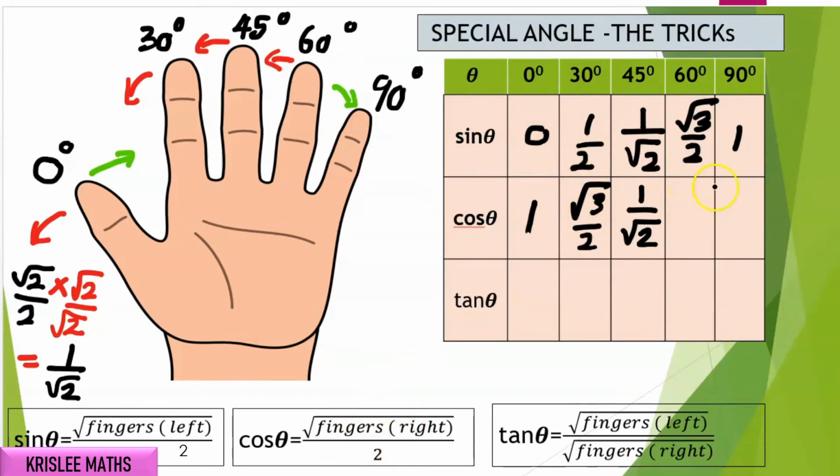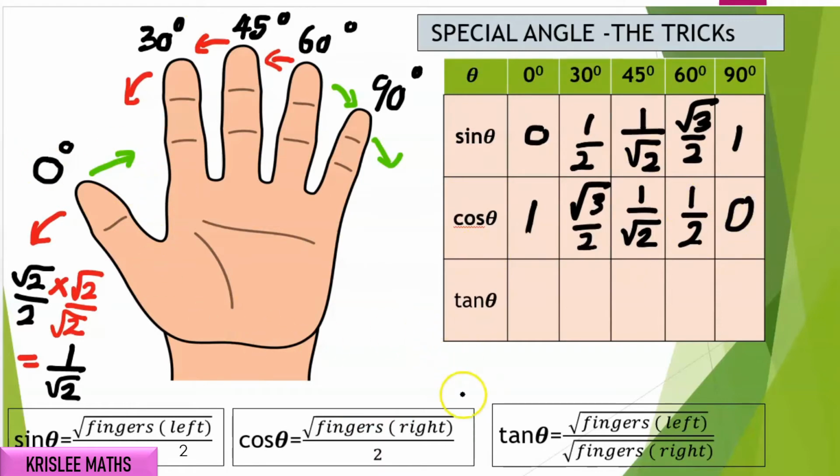Therefore cos 60 is 1 over 2. Next, cos 90. For cos 90, on the right you do not have any finger, therefore it is 0 over 2. Or the value will be 0.